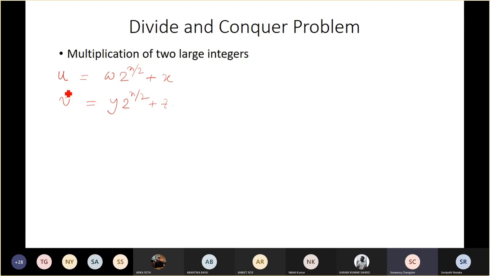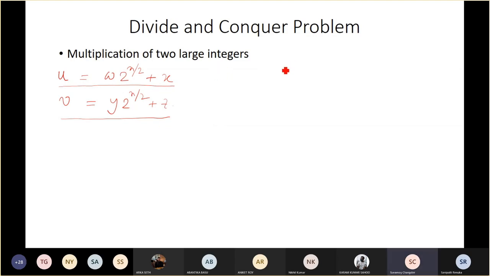We can represent any integer as this. So let us consider one example where w, x, y, z are also numbers.